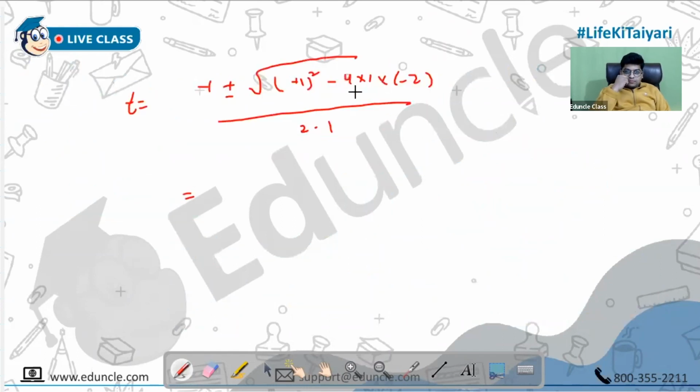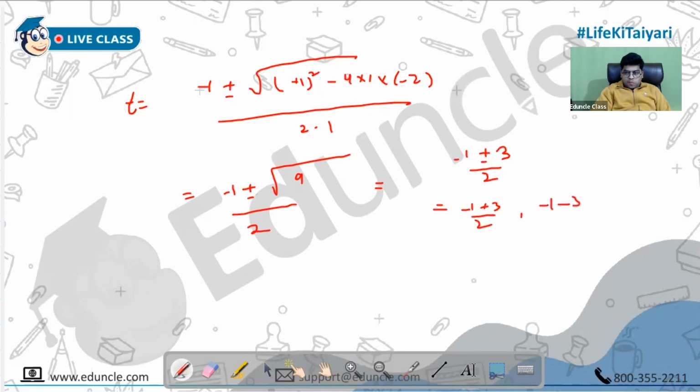So what is the answer? Minus 1 plus minus under root 1 plus 8, that is 9, by 2. So 2 and minus 1.